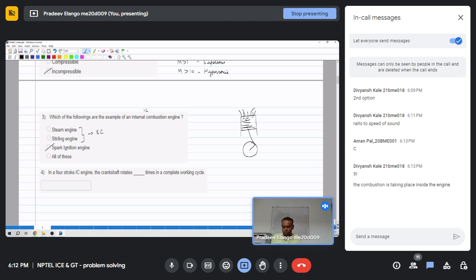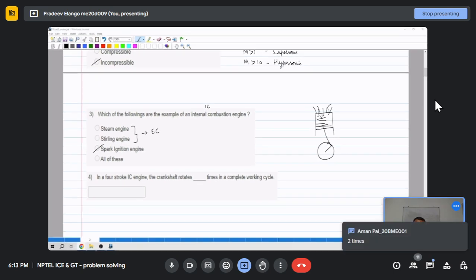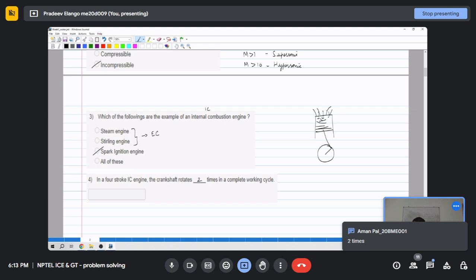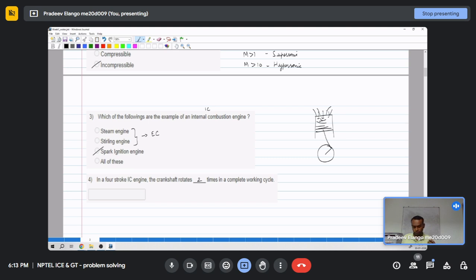In a 4-stroke IC engine, the crankshaft rotates dash times in a complete working cycle. 2 times. So for a 4-stroke engine there will be 4 strokes, and to complete 4 strokes we need to complete 2 revolutions of the crankshaft.